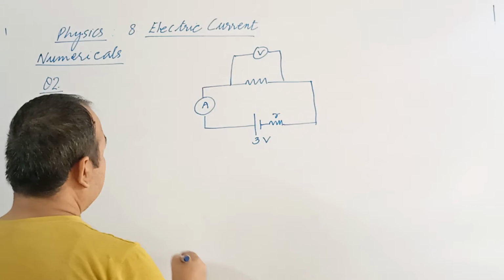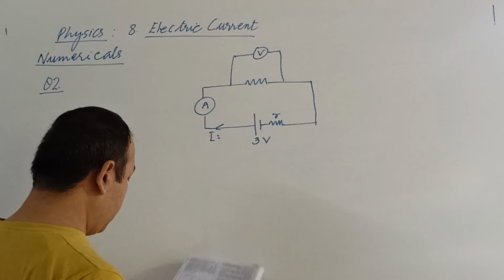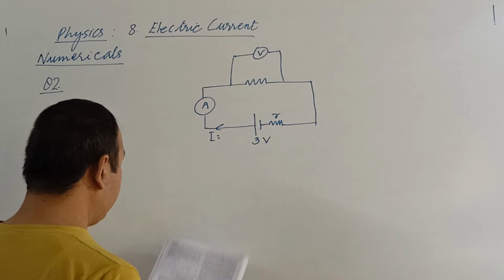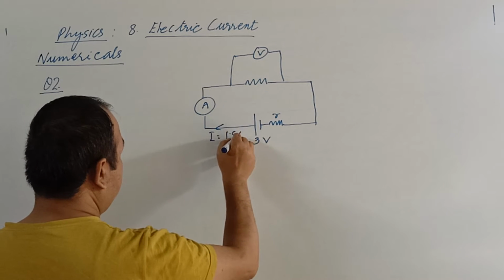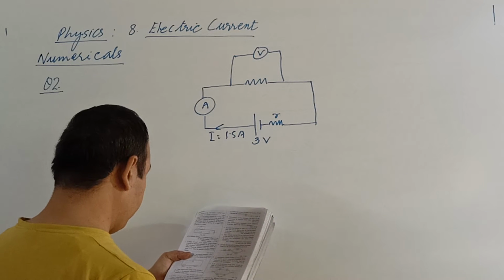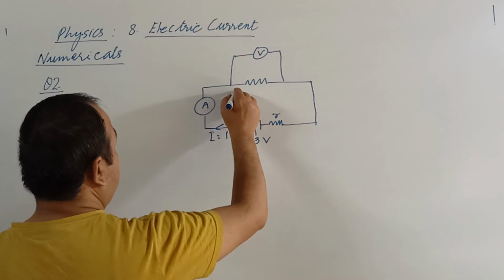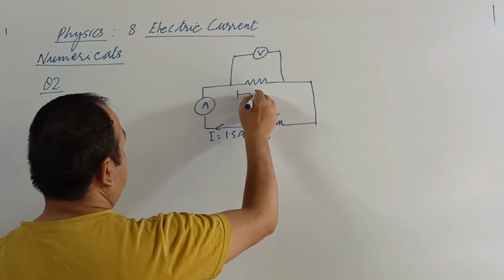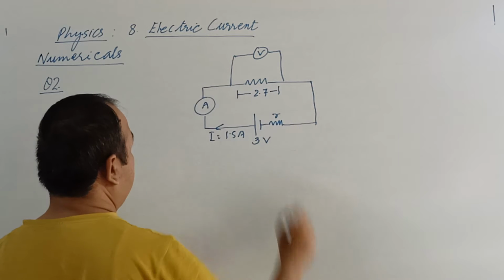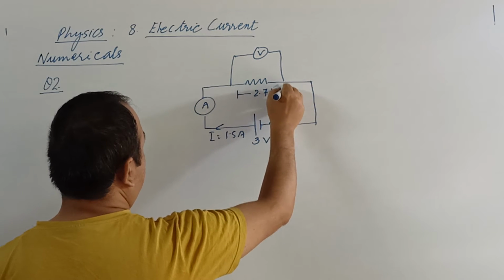The ammeter reads how much current is flowing. Current flowing through the circuit is given 1.5 ampere, and the voltmeter reads 2.7, which means it is the terminal voltage, 2.7 volt.